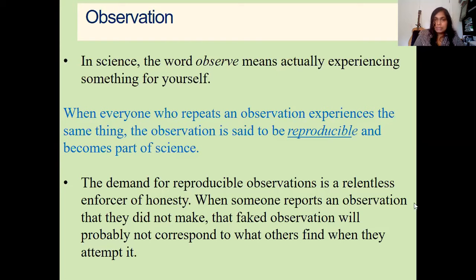Basically, observations need to be reproducible, and we are not reporting any fake observation. We cannot report a fake observation in a scientific article. It can be fake news, but never publish something that's fake.